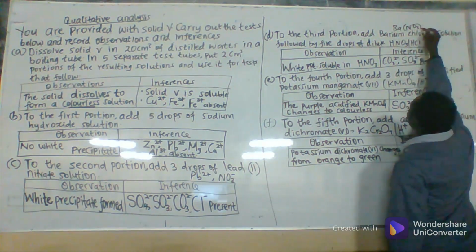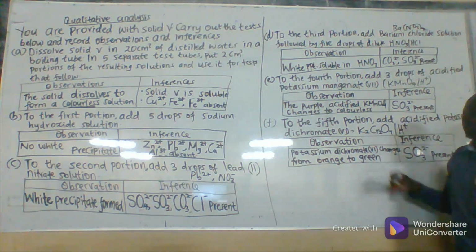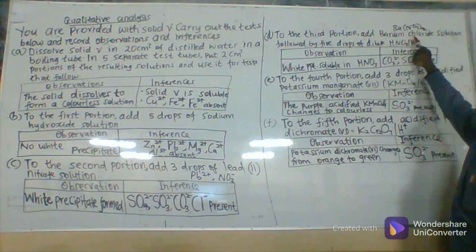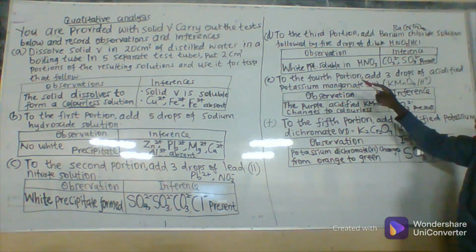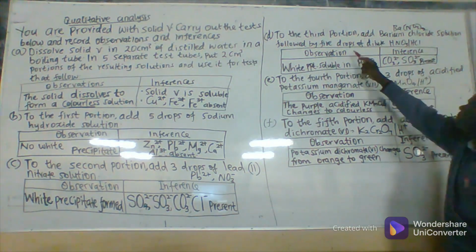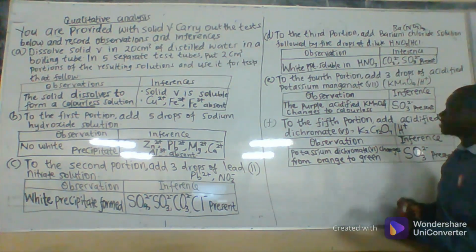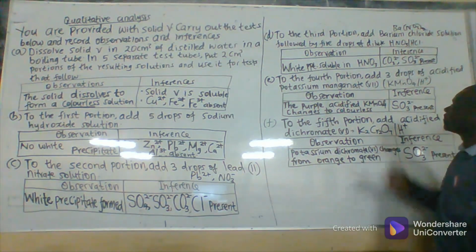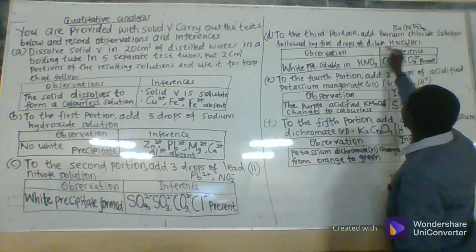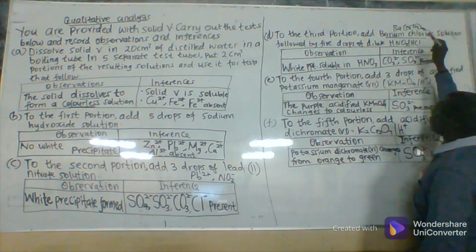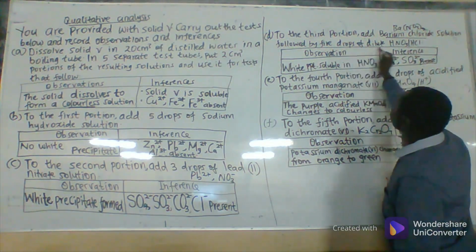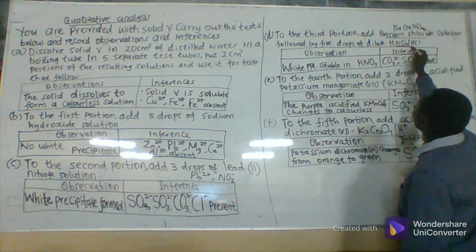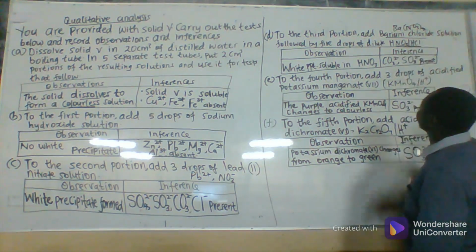So here the observation that you write must be in 2 steps. The first step is when you add barium chloride, and the second step is when you add nitric acid or dilute hydrochloric acid. Any of them can be used.